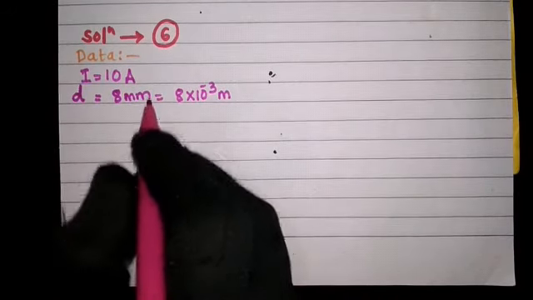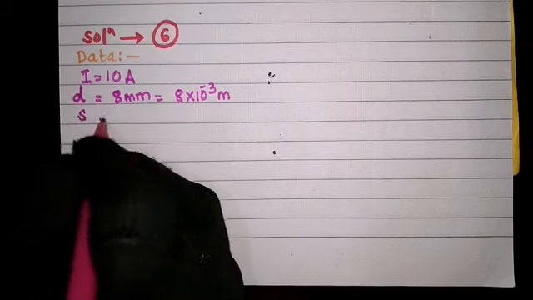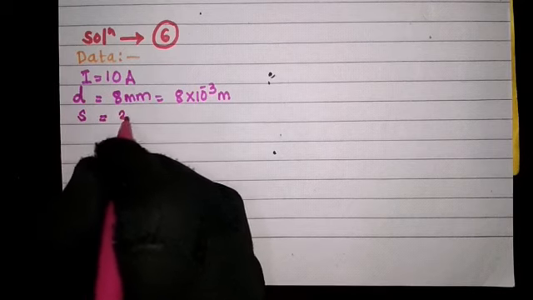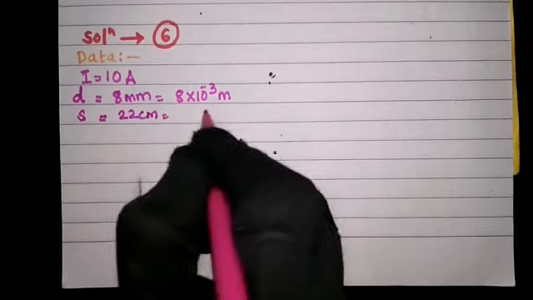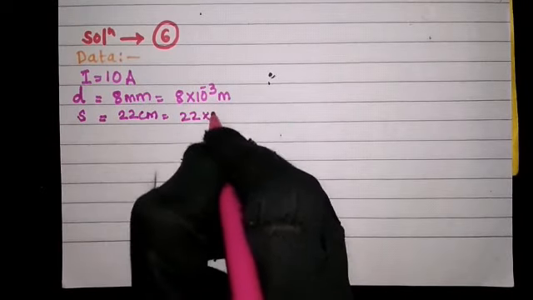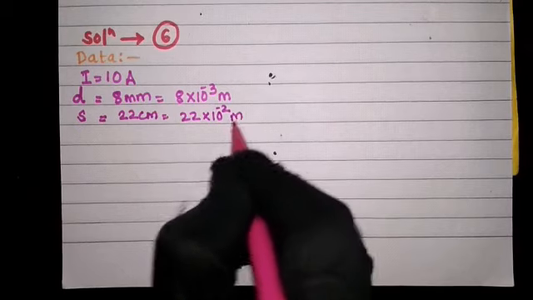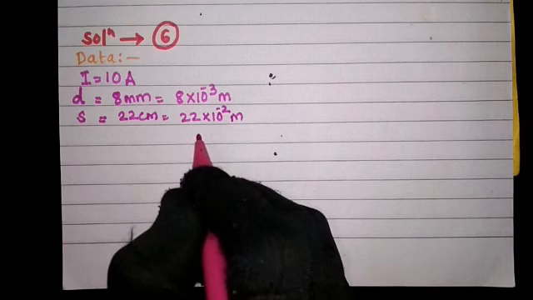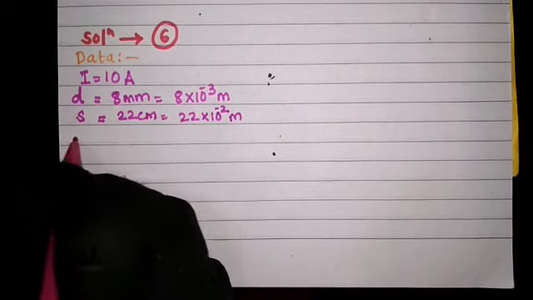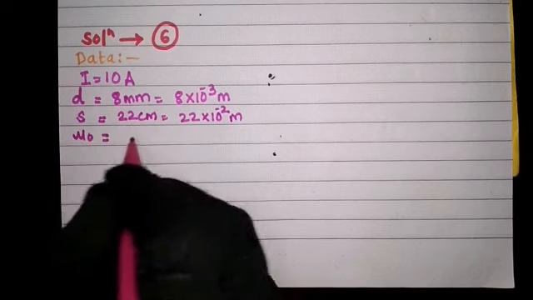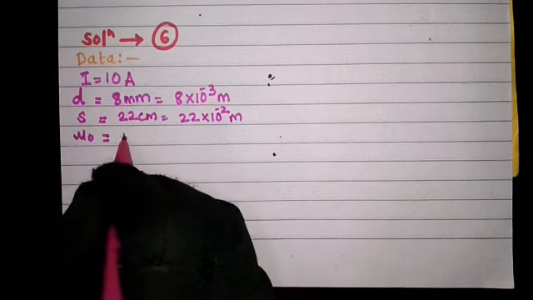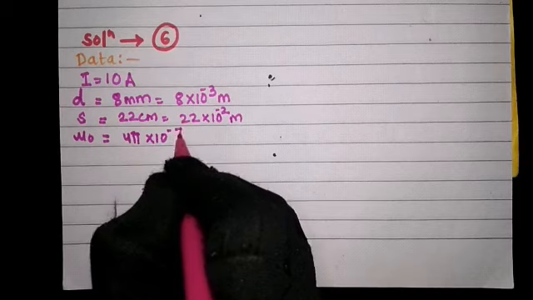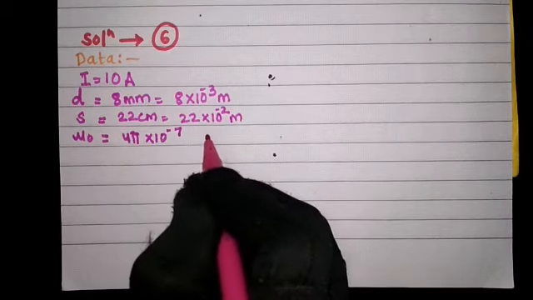Then S is given, the length of the section AB, as 22 centimeter, that is 22 into 10 raised to minus 2 meter. Nothing else is given here. Yes, mu naught is also given, mu naught equal to 4 pi into 10 raised to minus 7 Tesla meter per ampere.